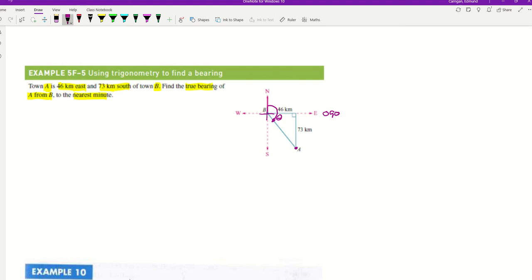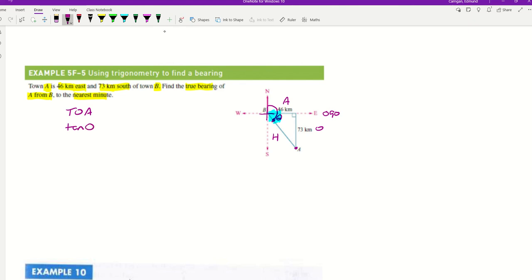Okay, so now we've identified where our theta is, which is in here. So we can then label our triangle. Our hypotenuse is opposite the right angle. There's our H. Our angle is there, so we've got O there and A here. Now what we can see this time is we've got numbers against O and A. So we're using TOA.